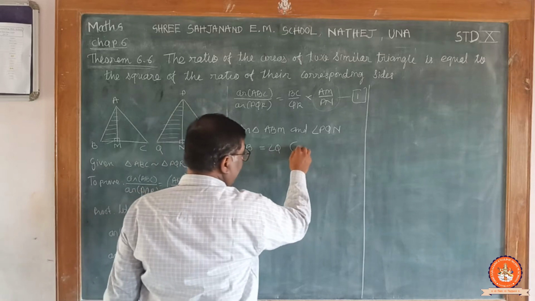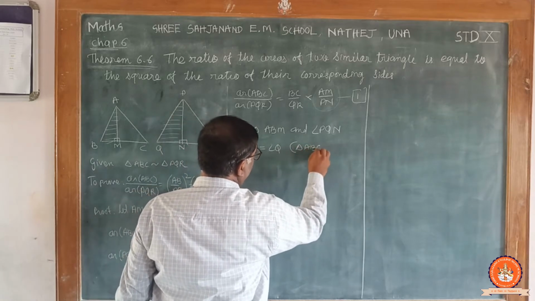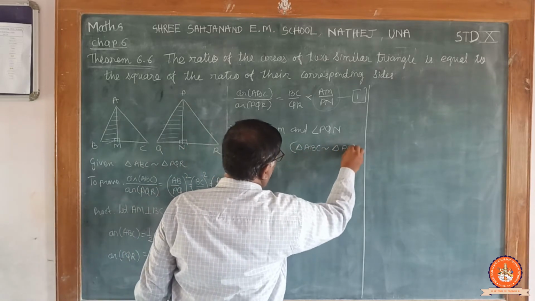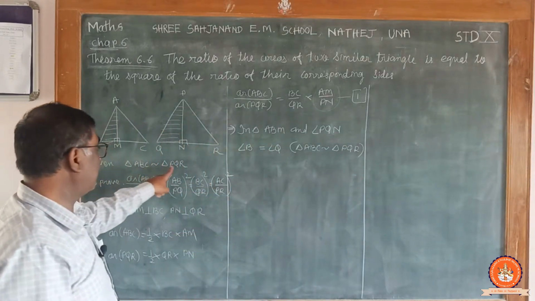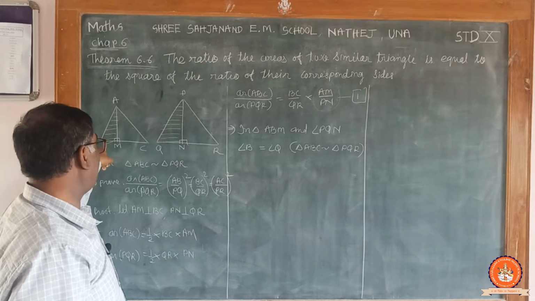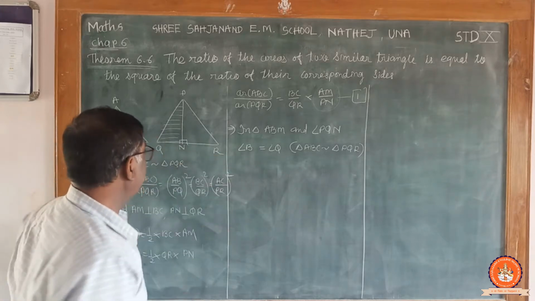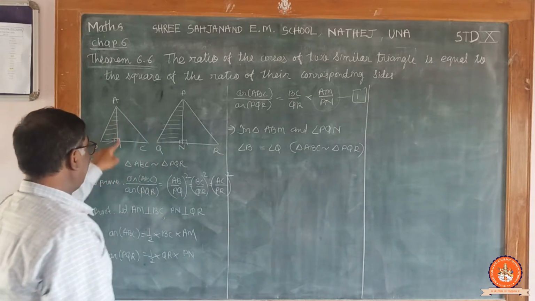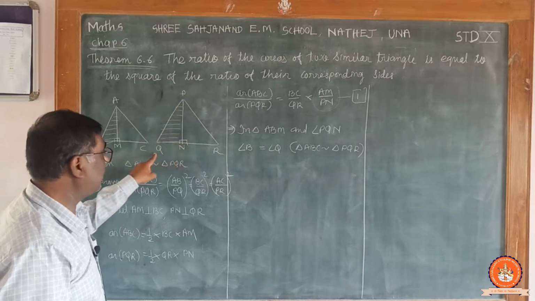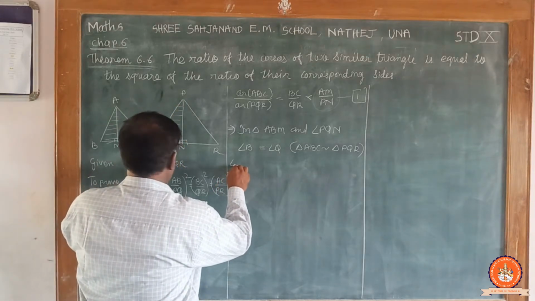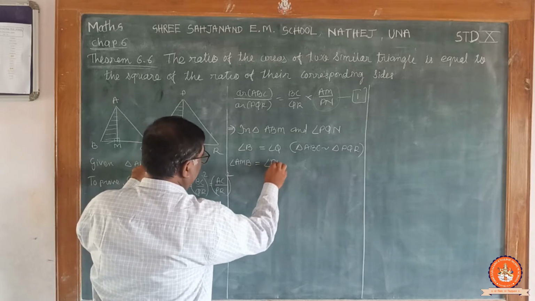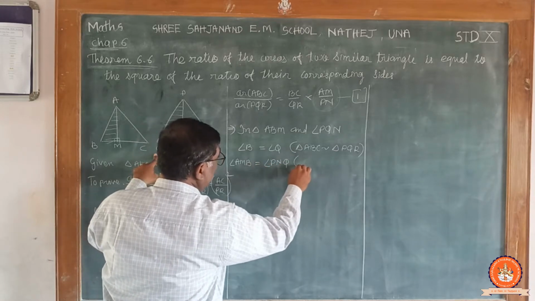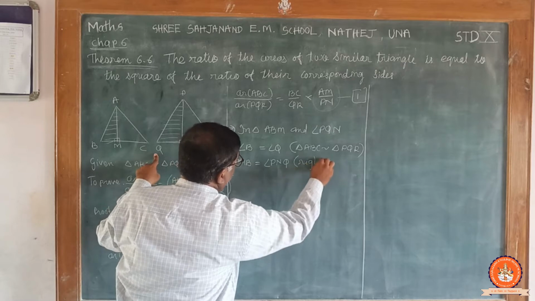It was given that triangle ABC is similar to triangle PQR, and that's why corresponding angles are congruent. Moreover, angle AMB and angle PNQ are right angles. So angle AMB is equal to angle PNQ. They are right angles.